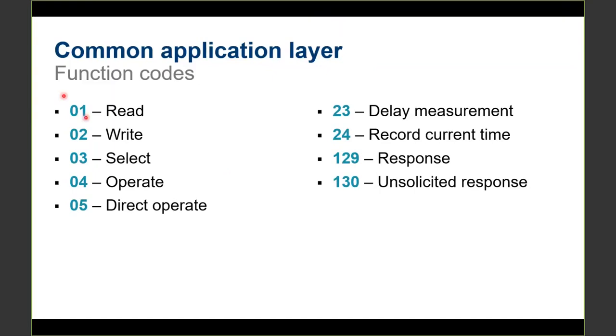Function code 01 is reserved for the read function. So when the master station wants to read analog inputs, for example, it will send function code 01 and specify object 30 for analog inputs. If the master station wants to read binary inputs, object 1, it will send a polling request with function code 01 and object 01.